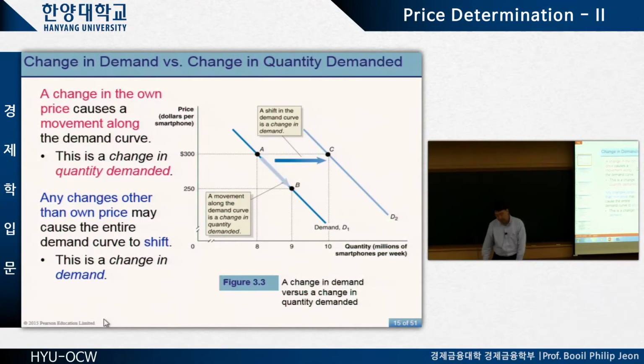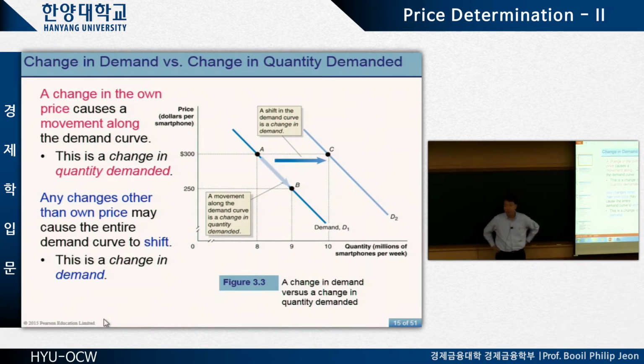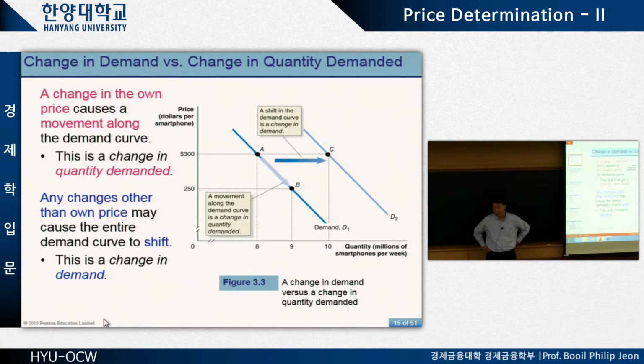So last class, I believe we talked about the demand, right? And the most important thing for you to remember is the difference between movement along the curve and the change or shift of the curve, right?